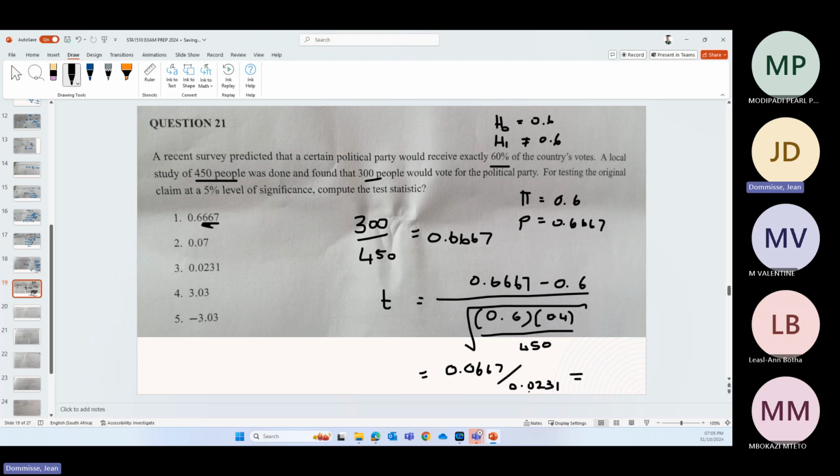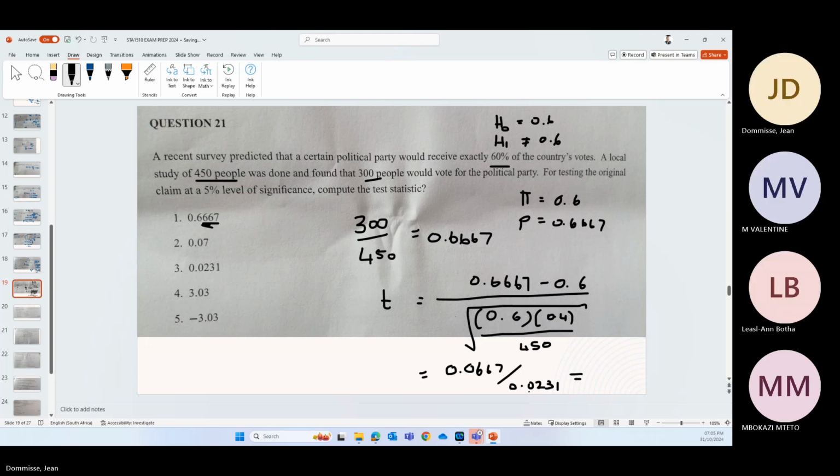So that divided by that, 0.0667. I get 2.88. So let's just... I'm worried that I think I'm using the wrong one at the bottom.